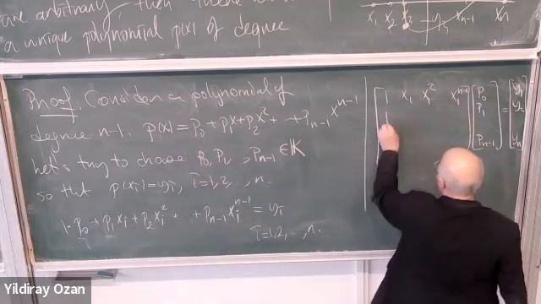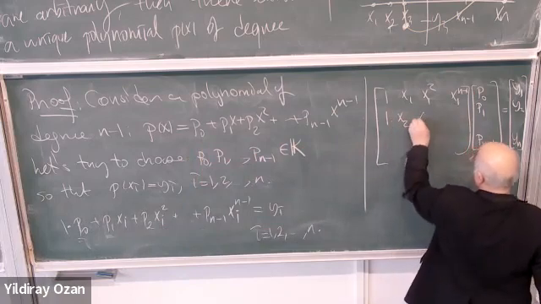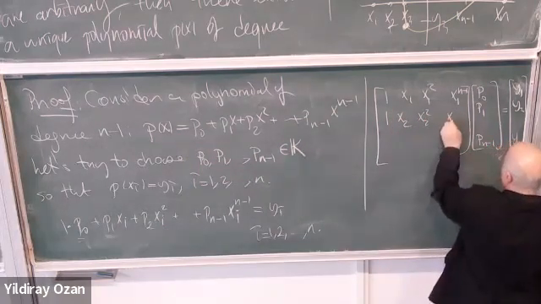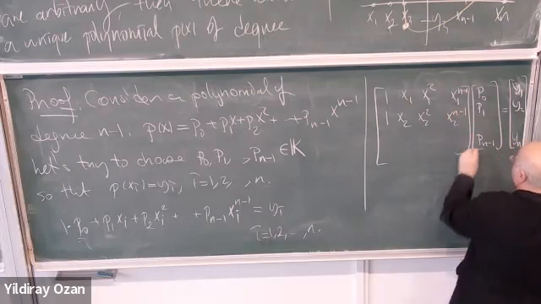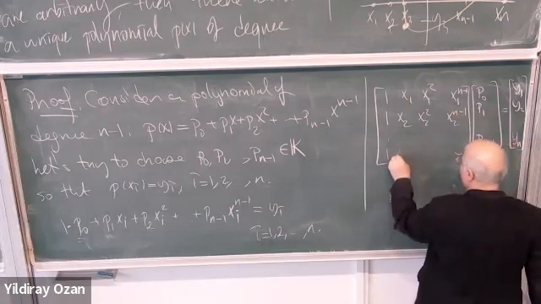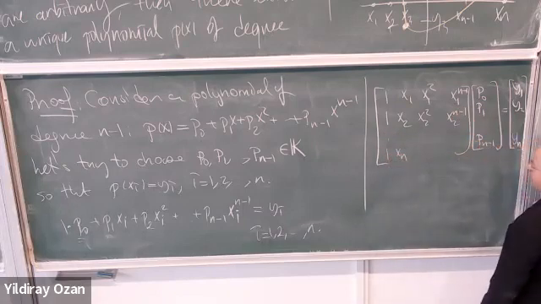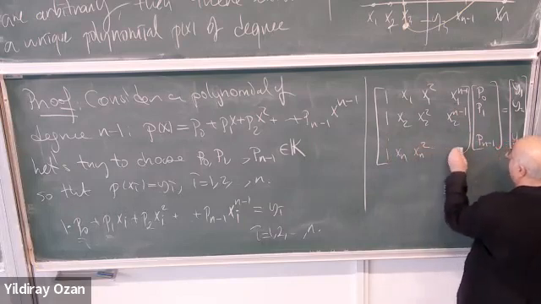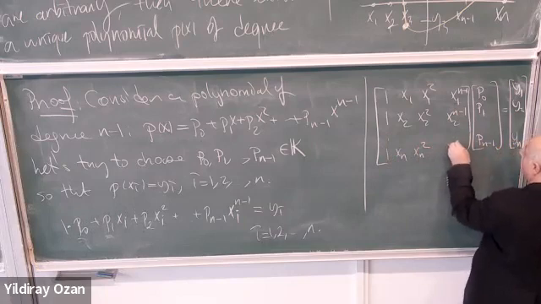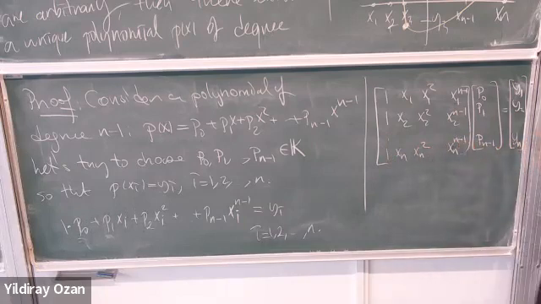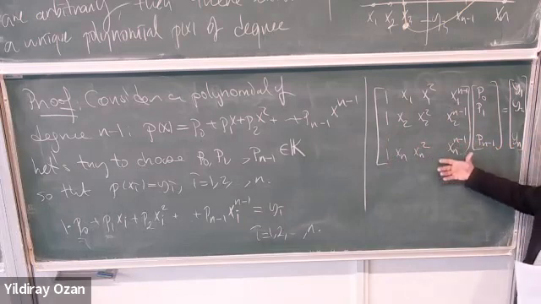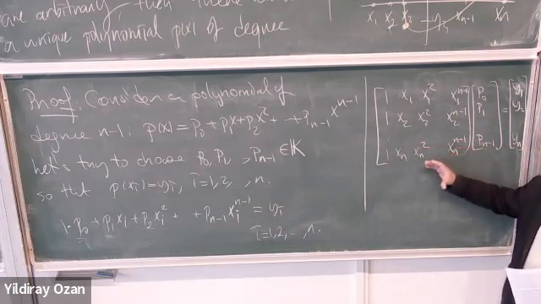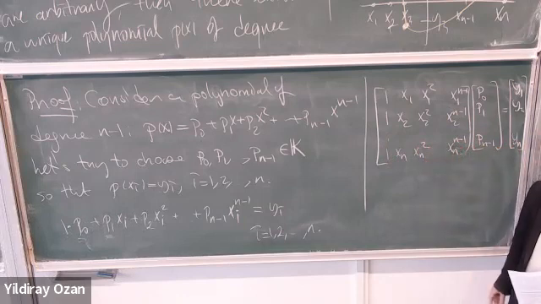So it is just 1, x2, x2 squared, up to x2 to the power n minus 1, and so on, and then 1, xn, xn squared, up to xn to the power n minus 1. Again, the same matrix, actually not exactly the same, it is just its transpose, right?